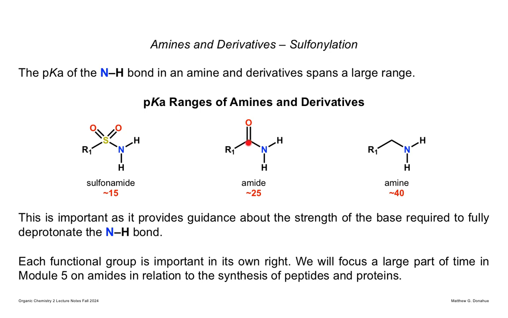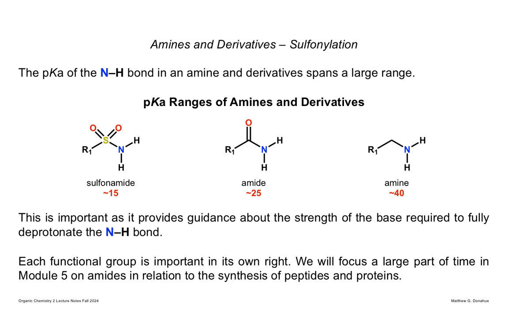And now, if you take that carbonyl and you replace it with this sulfur group, you get the sulfonamide. That's 10 pK units, even more acidic. So you can see how going from CH2 to carbonyl to this sulfone group increases the acidity quite a bit.